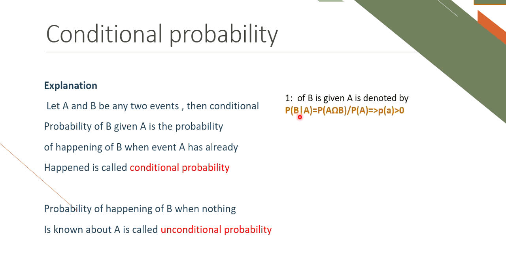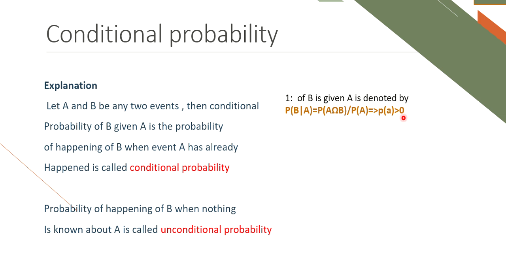Probability of B given A, that B knows A, you can give as probability of A intersection B divided by probability of A, provided that probability of A is greater than 0. What is the meaning of probability of A greater than 0? Nothing but A has already happened and B knows it. Greater than 0 means it has happened.